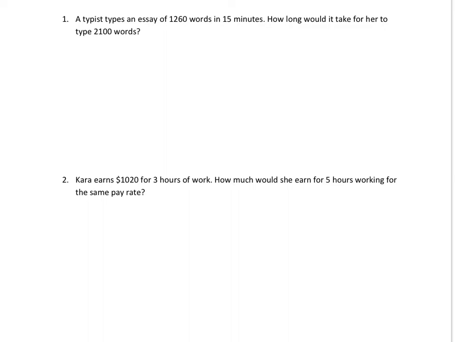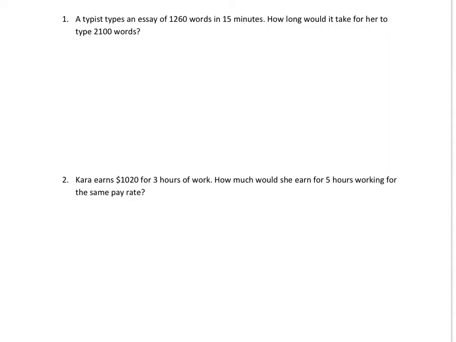So whenever you write your proportion, it doesn't matter if you want to write how much you make over how many hours you worked, or if you want to put how many hours you worked over how much you make, as long as you do the same thing on both sides of your proportion, okay? So consistency is going to be a big thing today, okay? And that may not mean a whole lot now. Once we get into our word problems, hopefully it'll make a little more sense.